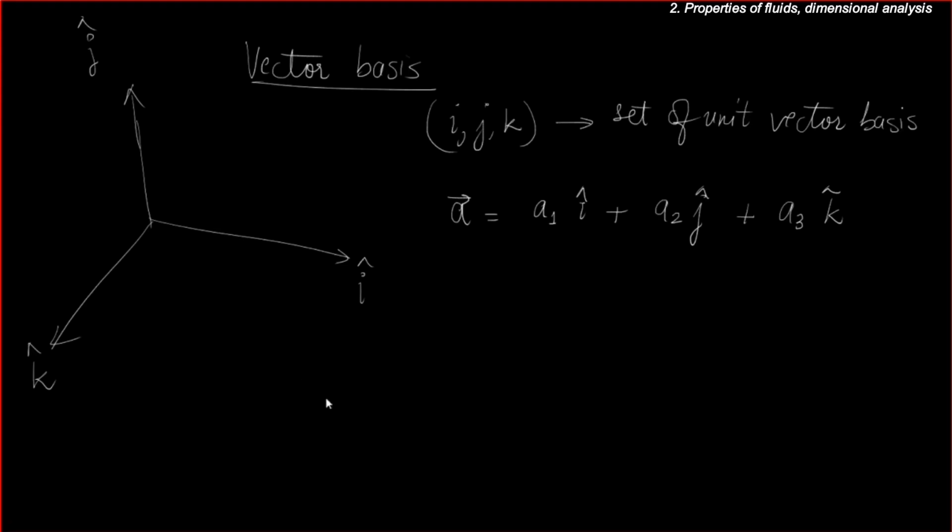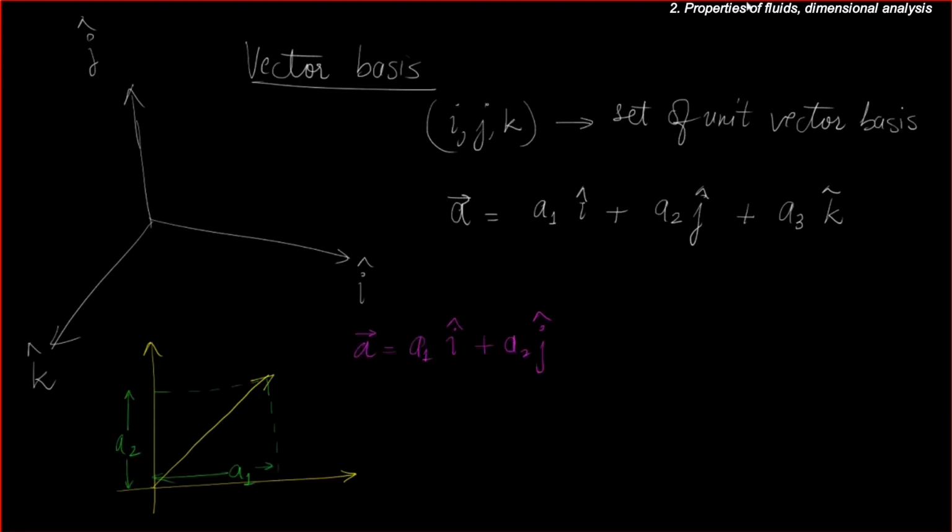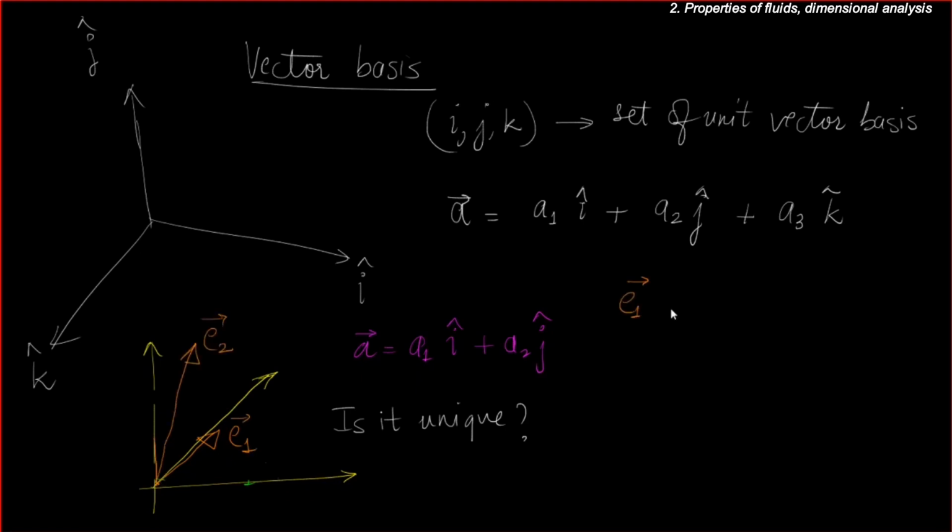But the question is whether or not the basis is unique. And the answer is no. I can very well choose two non-collinear vectors in the same plane to form another set. So if we consider a two-dimensional problem such as this, I can very well choose E1 and E2 to be two basis vectors. They are non-parallel.